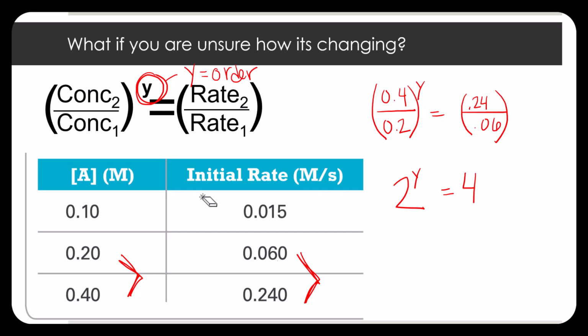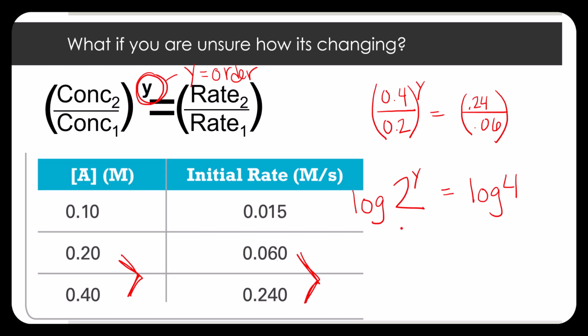To get that y down, we do an algebraic trick that you probably never thought you were going to use, but we take the log of both sides. I'm going to move this over so I can take the log. So the algebraic trick here is I'm going to multiply both sides by log.